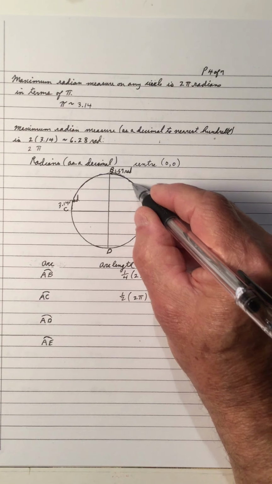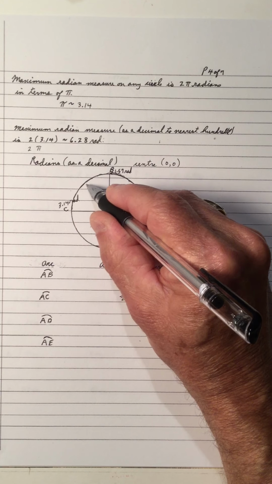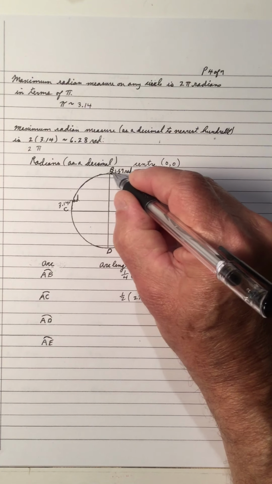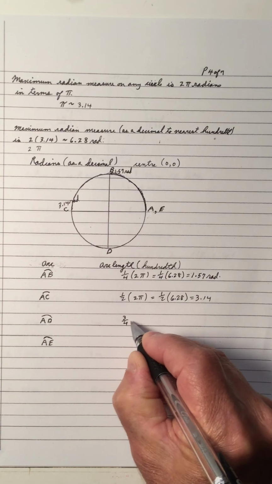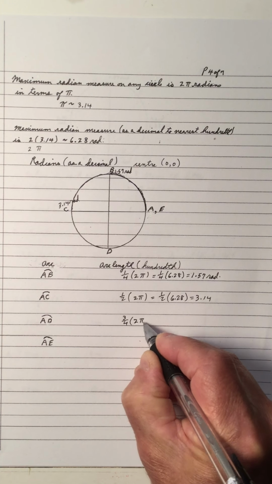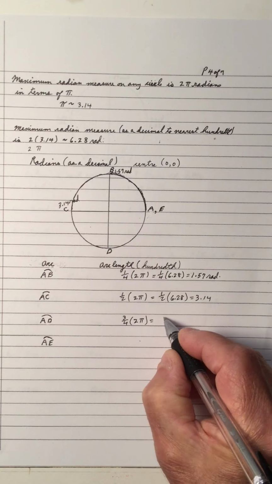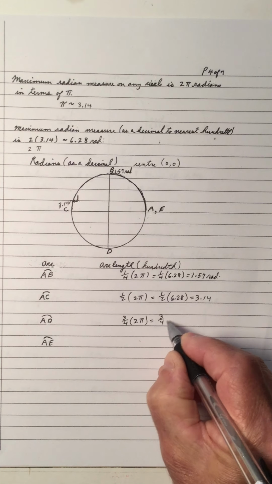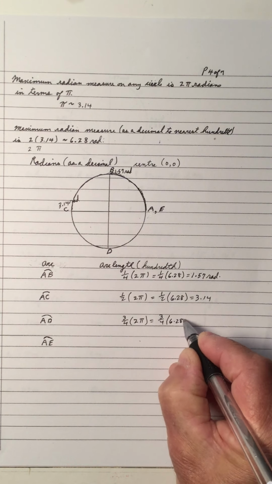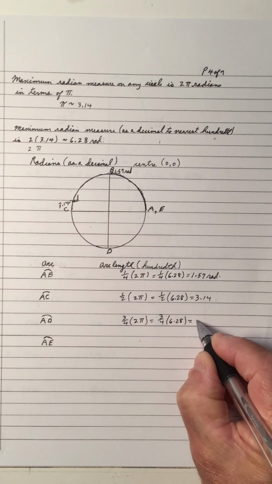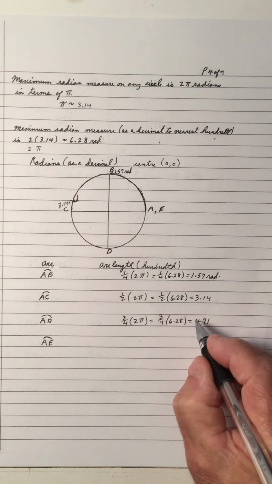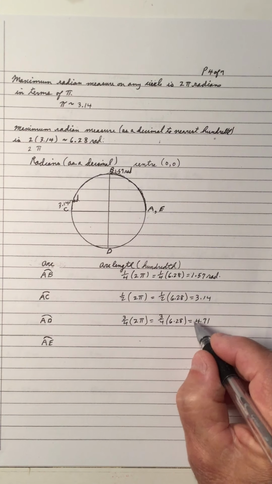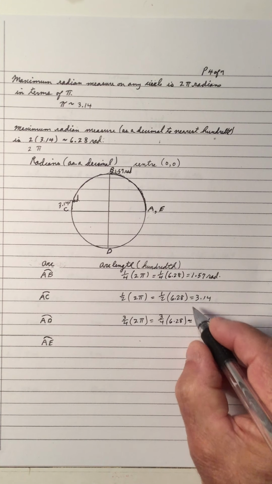AD is 3/4. AD is right to here, so AD is 3/4 of the total distance. So that's 3/4 of 6.28, and that works out to be 4.71 approximately. And again, I put an equal sign, but it's approximately.